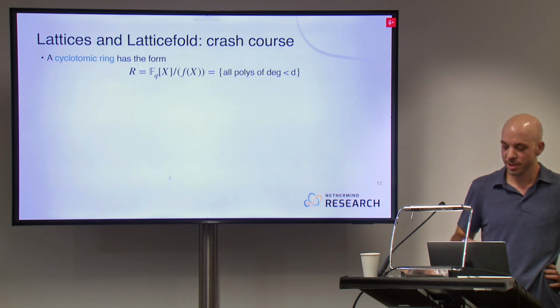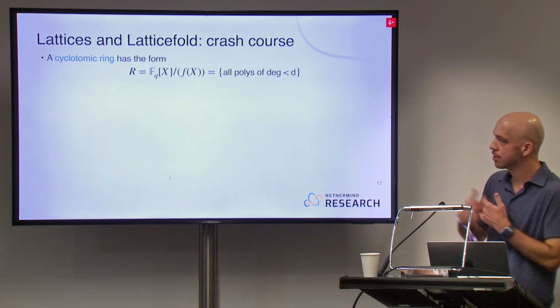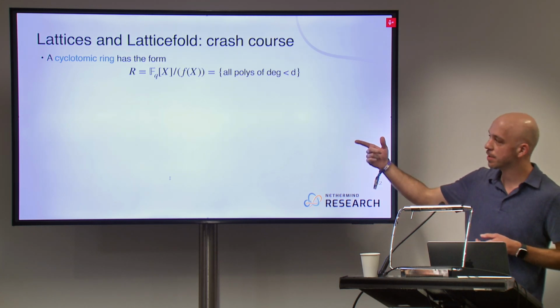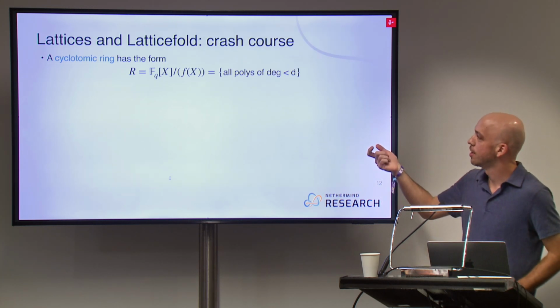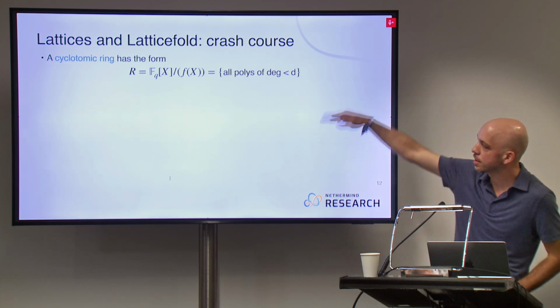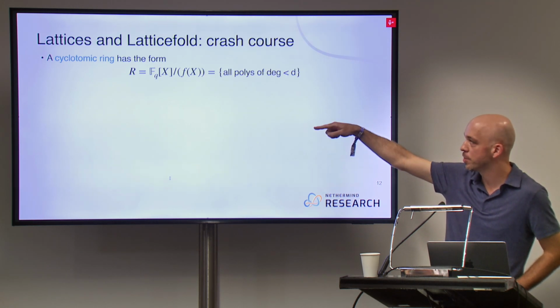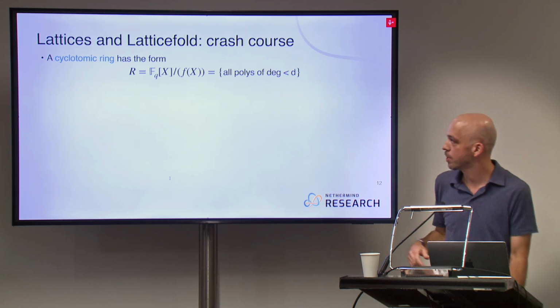Okay, so a cyclotomic ring has this form. If you know what a field extension is, a cyclotomic ring is an extension of a field, but you don't use an irreducible polynomial, you use any polynomial. So you take the ring of polynomials with coefficients in a field, and you quotient it by the ideal generated by a polynomial.